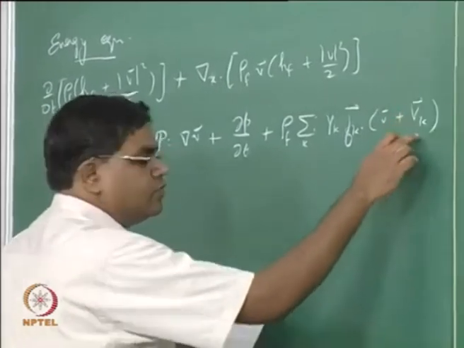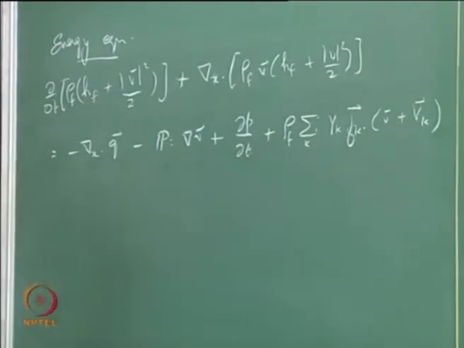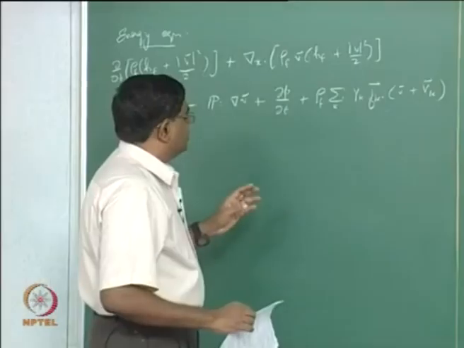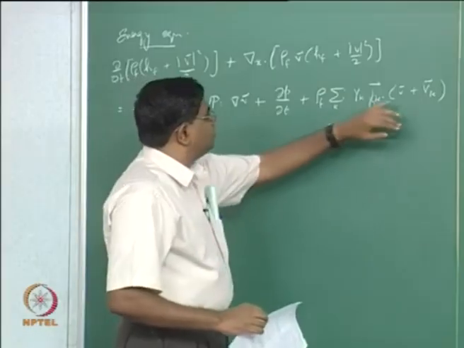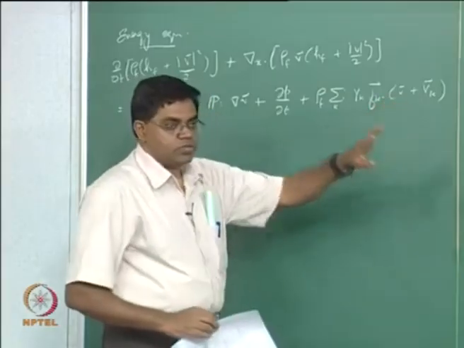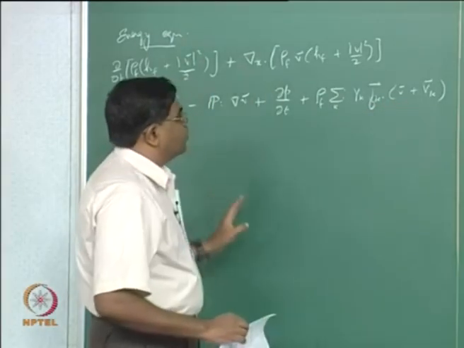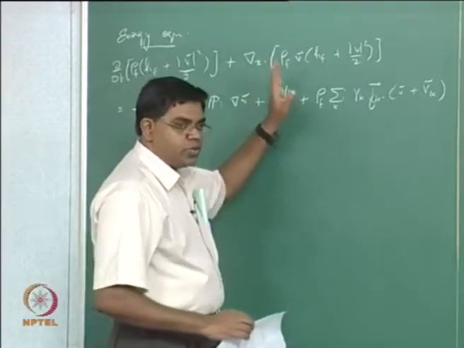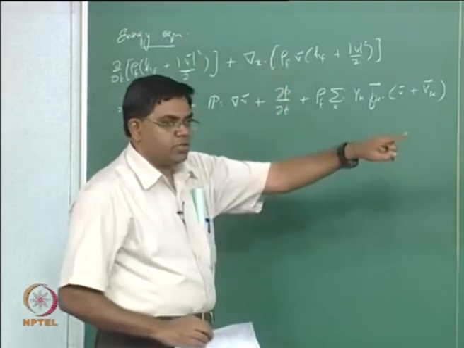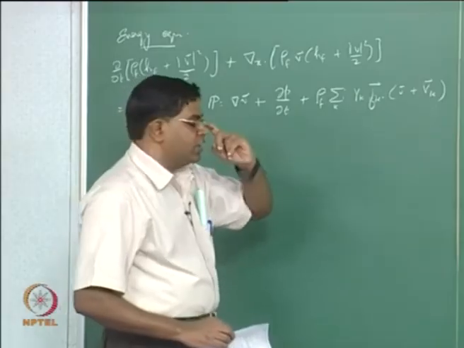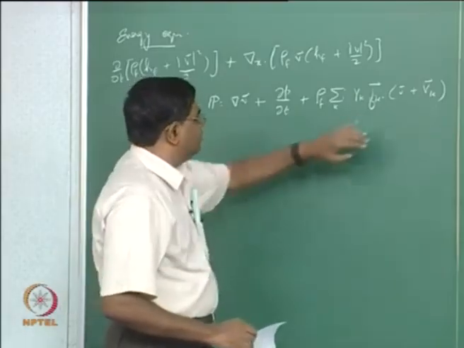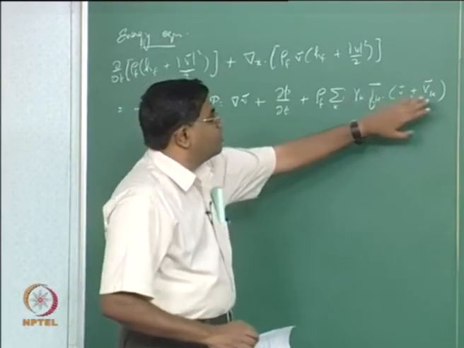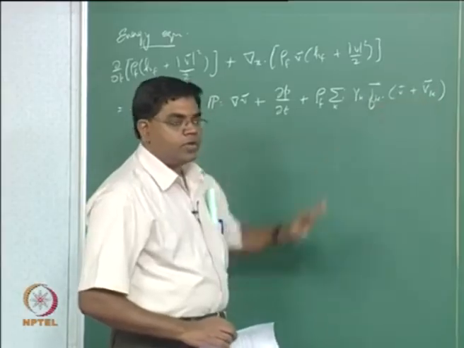This is the diffusion velocity of the kth species. Keep in mind this is what the momentum equation is all about. So this is the total energy equation. If you want the thermal energy equation alone, that would be by dotting the momentum equation with V, which is the gaseous mixture average velocity. So that this might go away, but this would still stay, right?